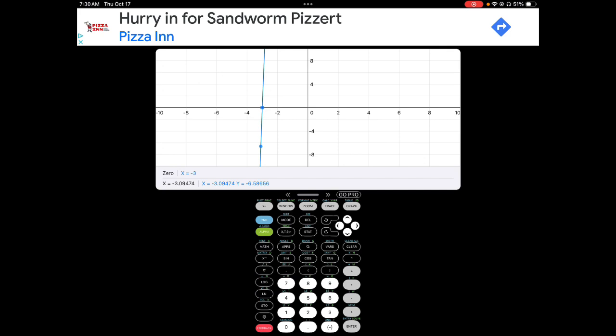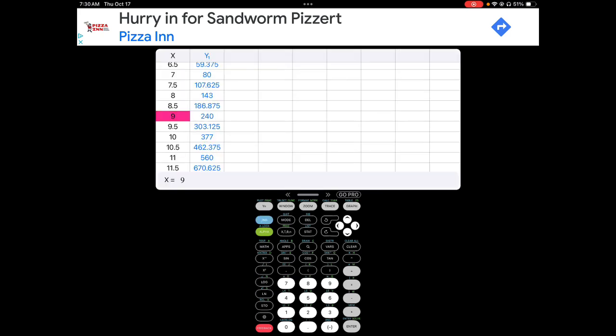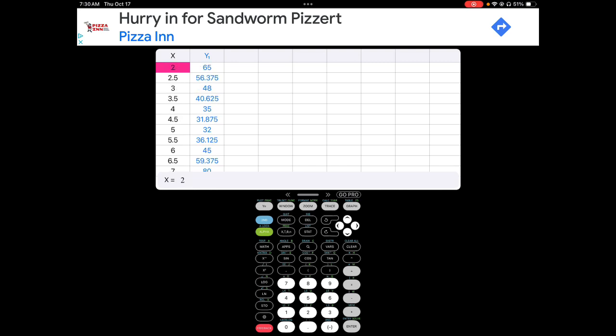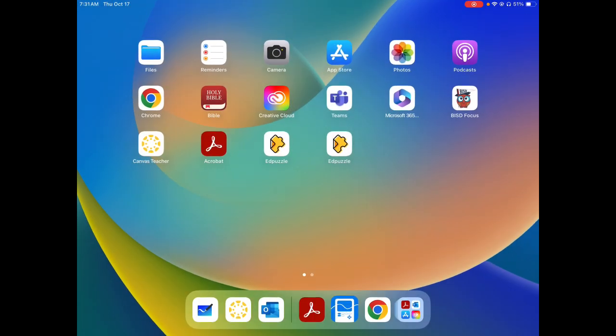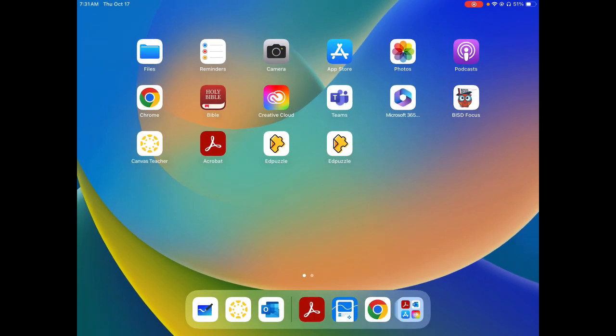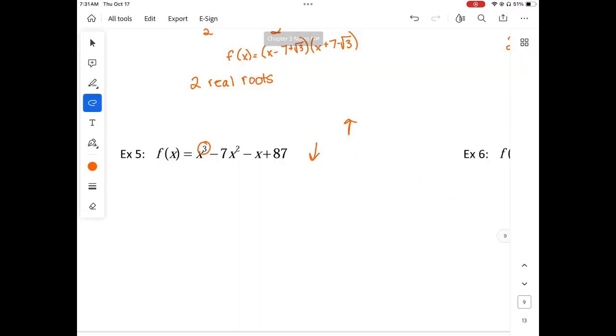So we can look here. We can also look at the table. Remember, we're looking where y is 0. Oh, there it is, negative 3. So negative 3 is one of our zeros. So it's going to look like this.